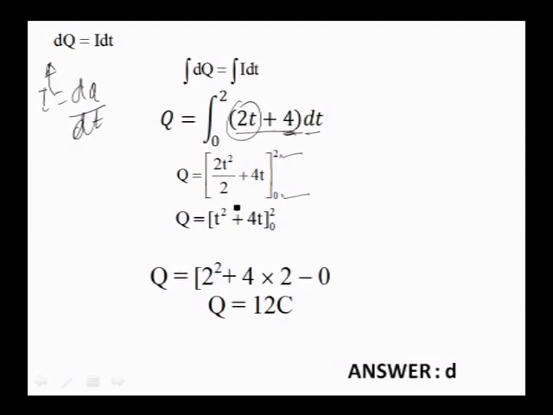If you apply the limits, the 2 and 2 get cancelled, it is t square plus 4t, from 0 to 2. First the upper limit, 2 square is 4 and 2 fours are 8, we get 4 plus 8 which is equivalent to 12 coulomb. Therefore, the correct answer for this question is D.